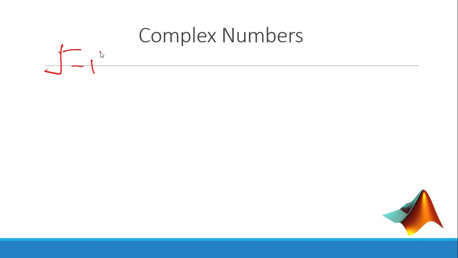If we take the square root of -1, MATLAB will display the number containing the letter I. You remember I said if you want to use square root, use sqrt.